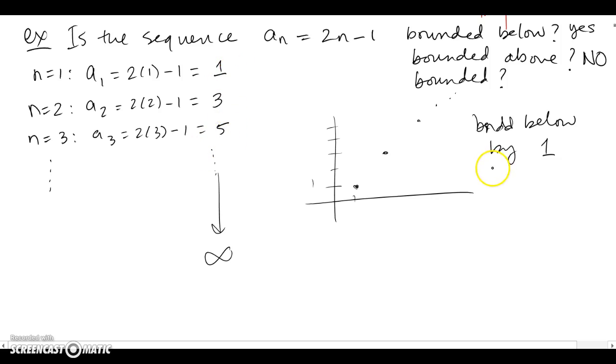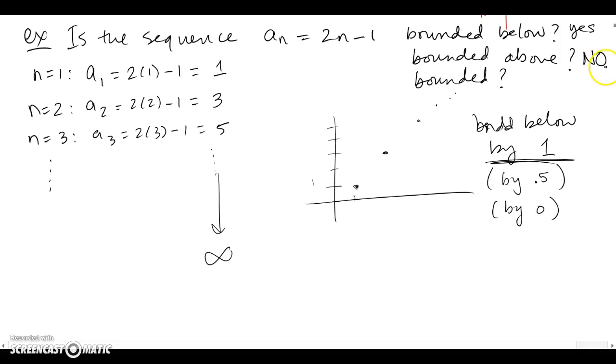You can even say by 0.5 if you want, by 0.4 if you want, by 0 if you want. The point is, it is bounded below. And in this case, since everything is bigger than 1, I could even use that very first term and say it is bounded below by 1. Again, what it's bounded below and above by doesn't have to be unique, it just has to be bounded.